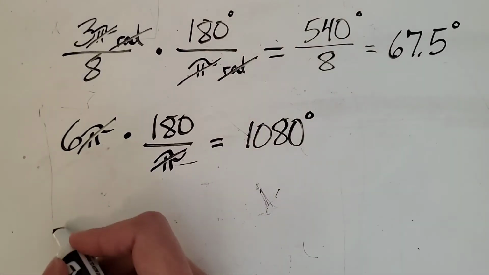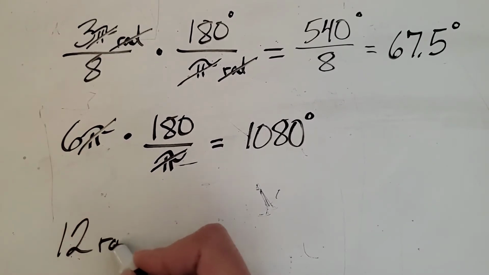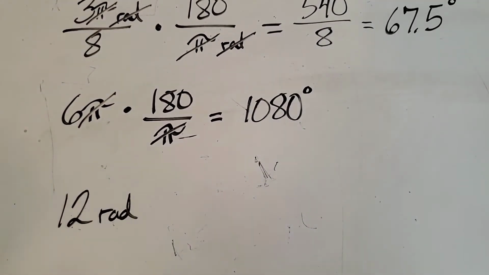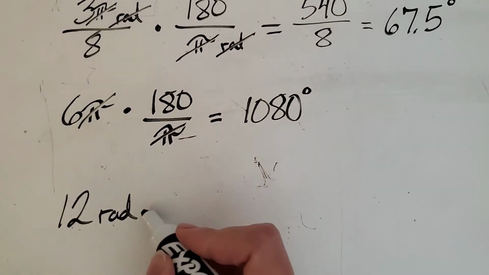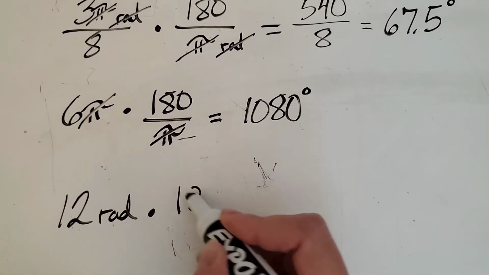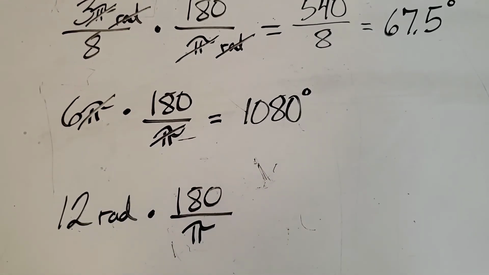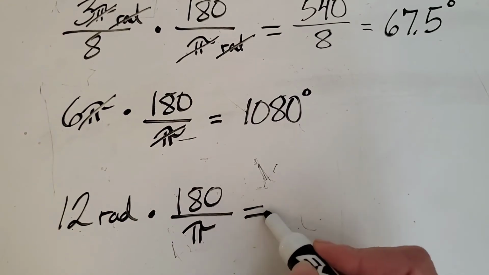One more. What if I have 12 radians? 12 radians, you say? How can you have 12 radians? There's no pi there. Remember that a radian is just the length of the radius. So I can have 12 lengths of the radius, and I will handle it the same way. Take 180 over pi, multiply by my 12 radians.